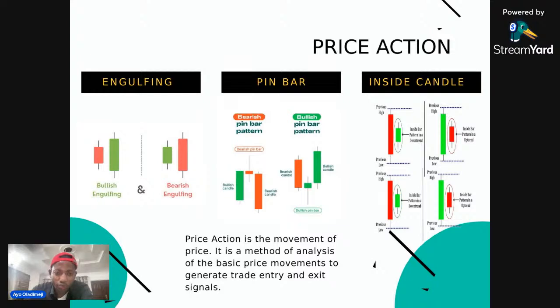So in the case of candlesticks, this is the body, or the head, of this pin bar. Then we have one long wick to the upside and a small tail to the downside. When you see this in red color, and it opens at the top and closes at the bottom, that is a bearish pin bar.